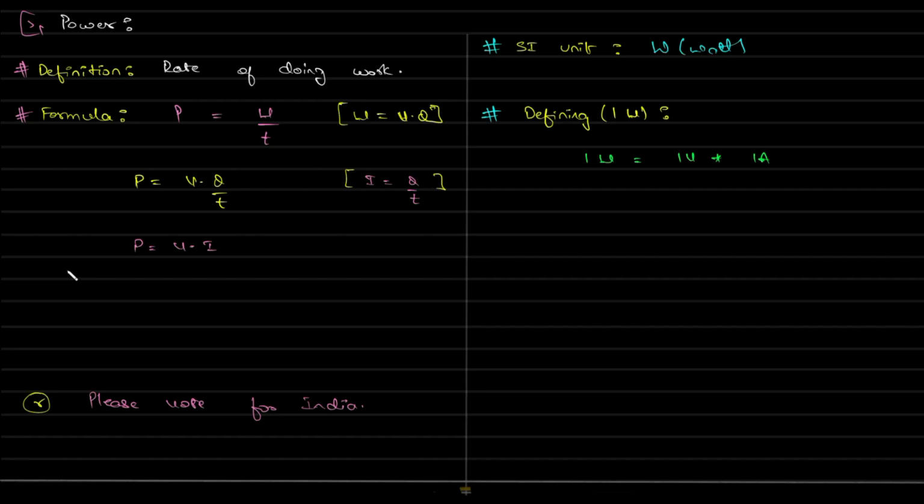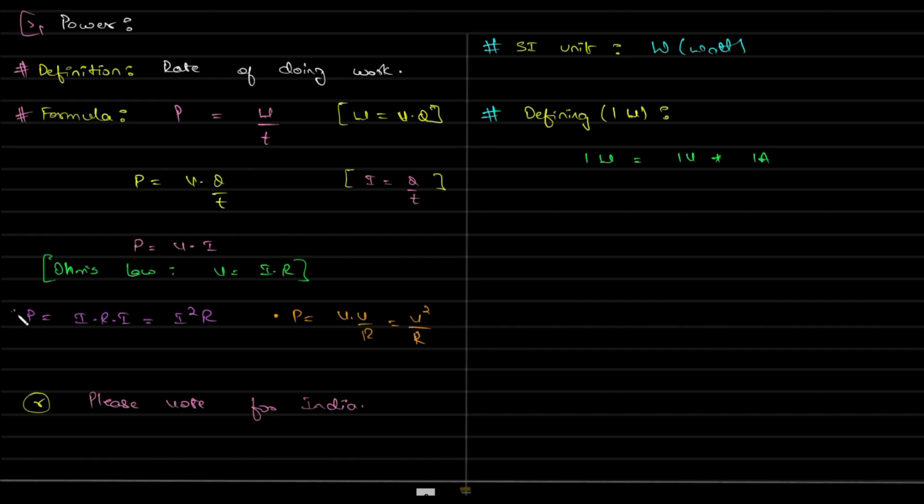From Ohm's law, we have V is equal to I into R. If we substitute that over here, we have P is equal to I into R into I, which is nothing but I square R. Then also, if in terms of I, it will be V by R. So V into V by R, which is V square by R. Again, you need not learn this by heart because it doesn't make sense. But it's there, and it's just to show you guys that it's there. That's it.